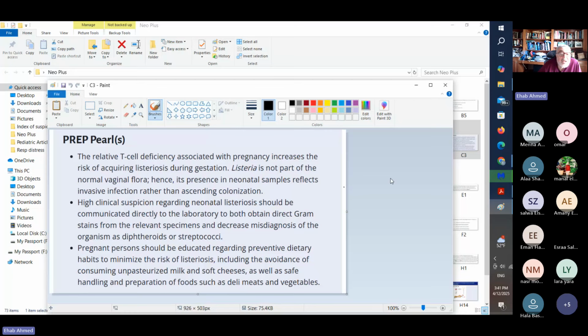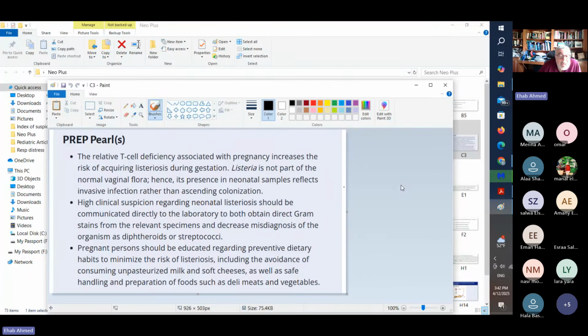And high clinical suspicion regarding neonatal listeriosis should be communicated directly to the lab to both obtain direct gram stain and relevant specimens and decrease misdiagnosis. Usually they misdiagnose it as diphtheroids or streptococci or cocci.